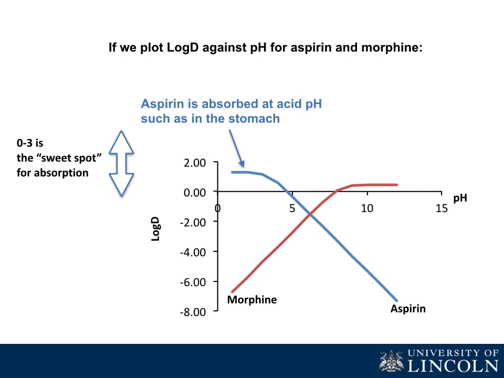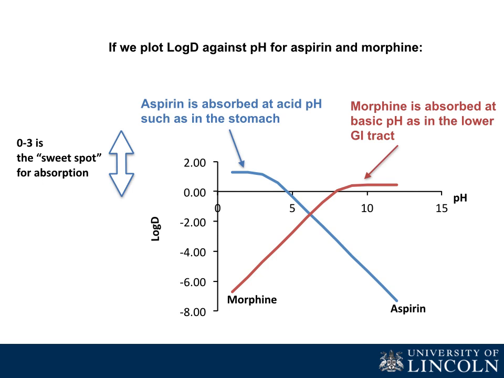The opposite is true of morphine. In acidic conditions, the log D is very low. In stomach conditions, it's around -6. But in the lower part of the GI tract, where the pH changes, morphine is then absorbed.